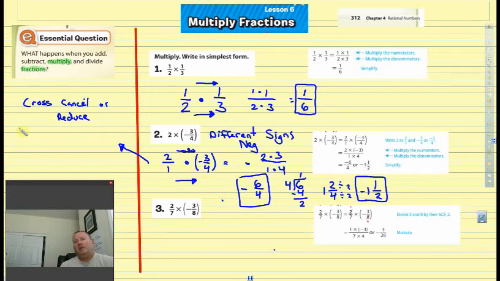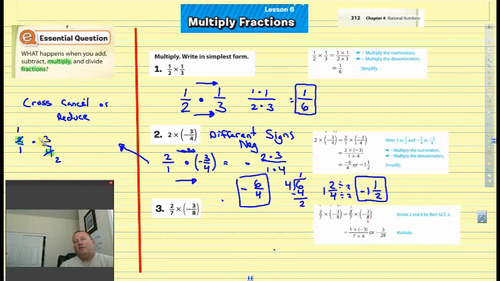So let me rewrite this problem up here. If I get 2 over 1, and I'm going to take out the negative right now, and I'm just going to look at the 3/4. And the two numbers I'm going to look at are 4 and 2. And I look at these two and I say, well, what number can go into 2 and 4, or 4 and 2? 2 can. 2 can go into 2 one time. And 2 can go into 4 2 times.